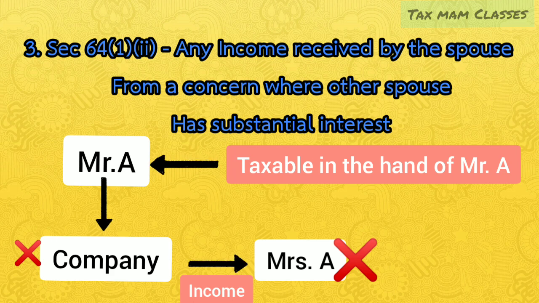Because here Mr. A is having substantial interest over the company. So whatever Mrs. A is receiving from the company, it will be taxable in the hands of Mr. A only, not in the hands of Mrs. A.